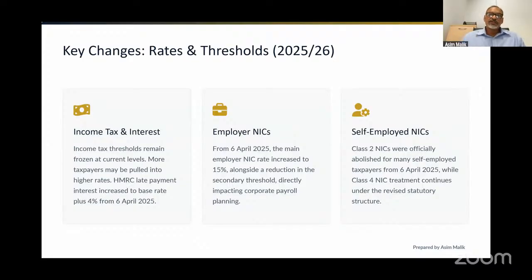So they are subject to Class 4 national insurance as well as income tax, which is basically 20, 40, or 45%. Class 4 national insurance is based on the profits. So if there's no profit, there is no Class 4 national insurance, although in certain cases you are actually advised to pay something towards the national insurance, because that national insurance is linked to your state pension.